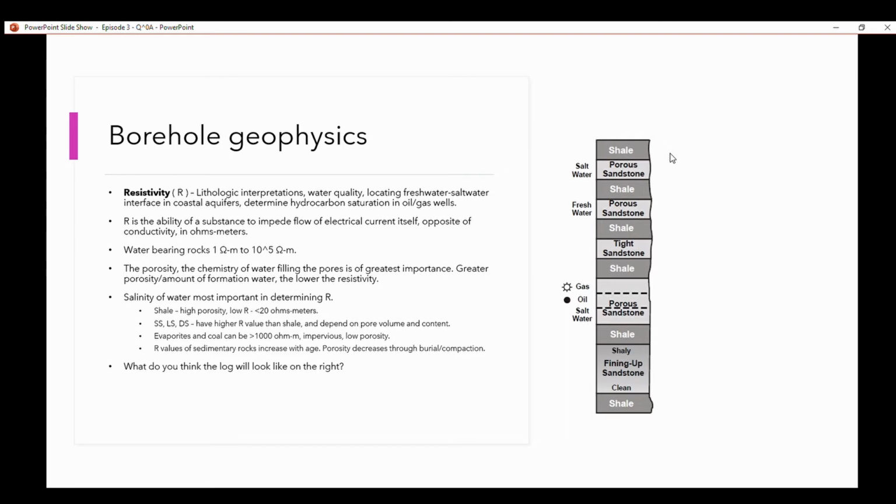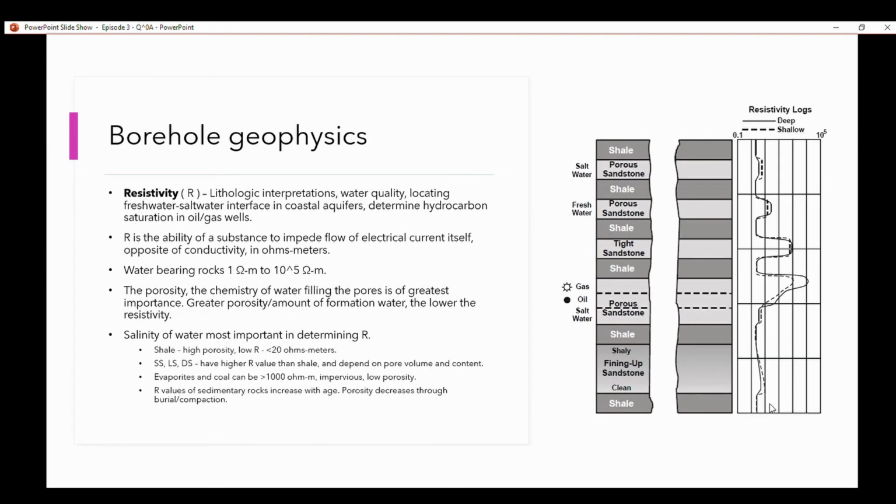And in a tight sandstone, that probably means less porosity, so not as big of a change between the shale and the tight sandstone. You'll still have a change, and then it'll go back, and then you'll go to the porous sandstone, and it'll have the same pattern. So as you can see, there are negative deflections at all the shale beds, and the porous sandstones kind of vary.